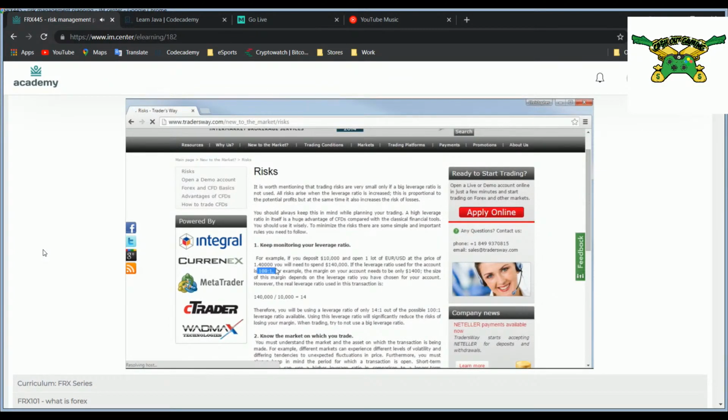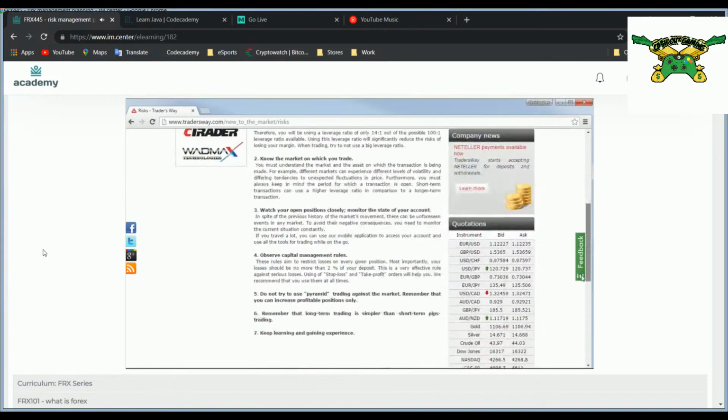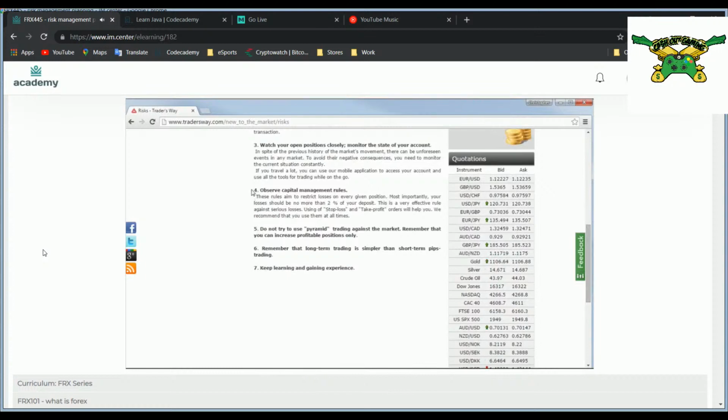They talk about if you had a 100 to 1 leverage, you can leverage the EUR USD, which is normally 3,000 on a 50 to 1, but with 100 to 1 leverage, you can do it for 1,400, and literally on 1,000 times, you can do it for 140. But in little writing at the bottom, observe capital management rules.